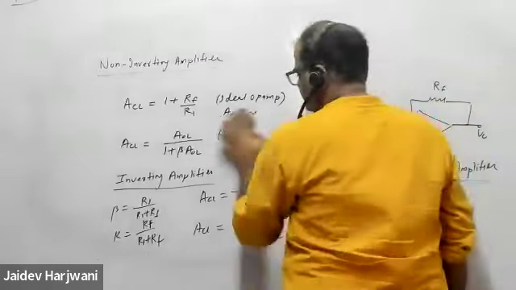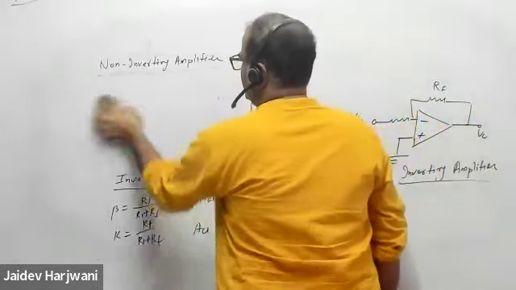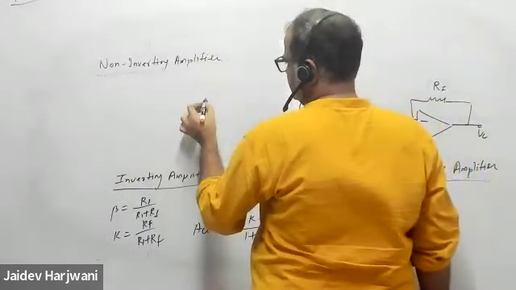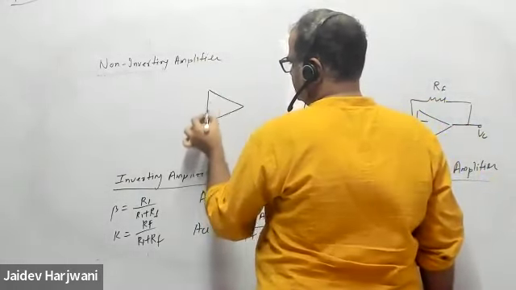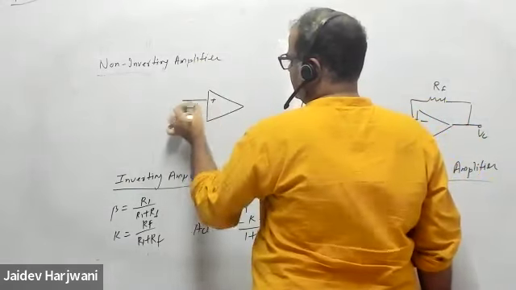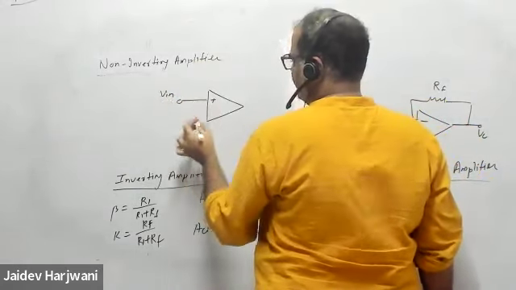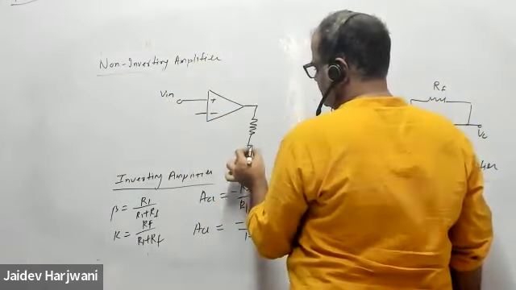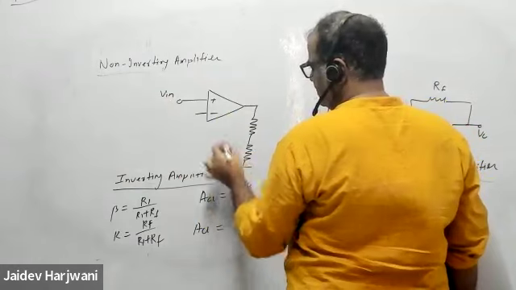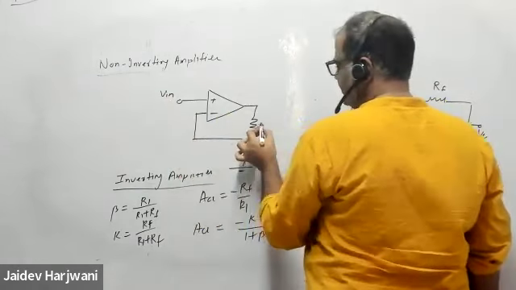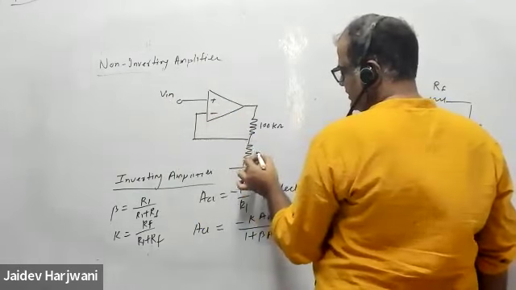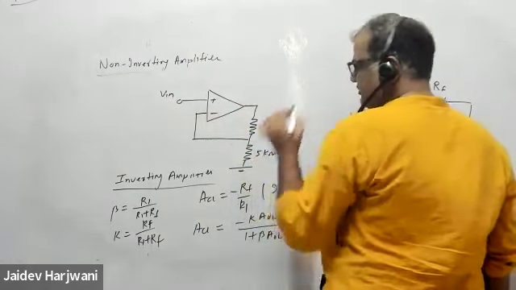So let us say I have a circuit, non-inverting amplifier, whose RF value is 100 kilo ohm and R1 value is 5 kilo ohm.